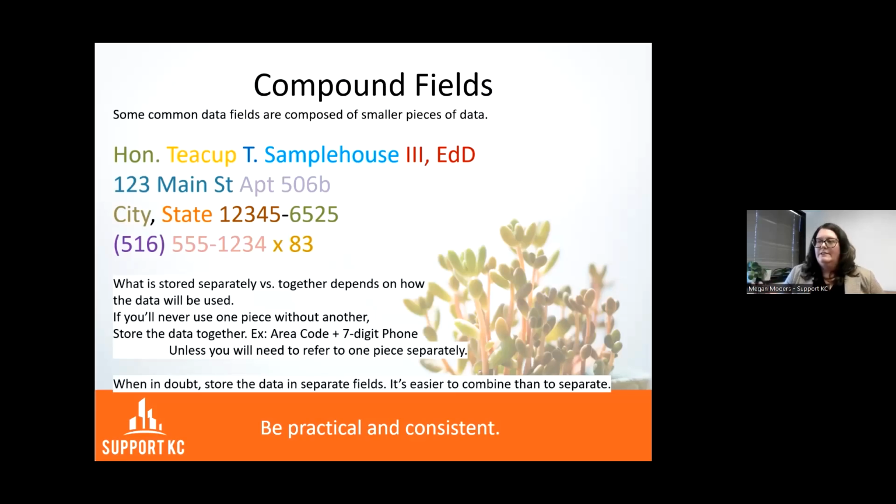The trailing extension number is usually stored separately because you have to use it separately. You can't just dial in the 10 numbers plus x83. You need to wait until you're prompted to enter that extension. So it's not part of the whole phone number.